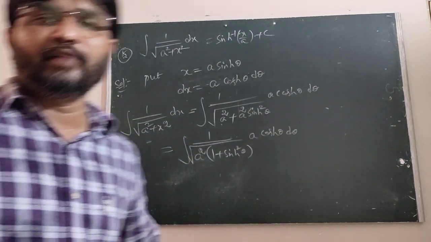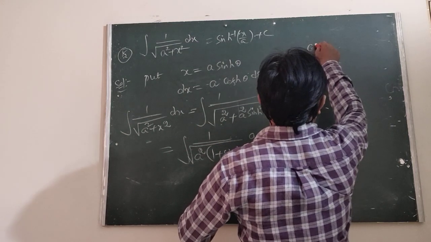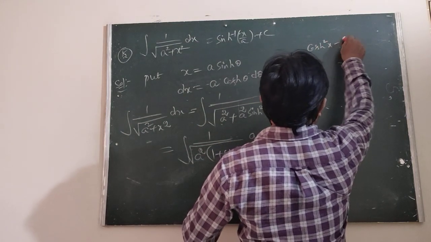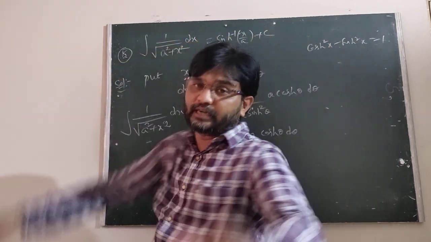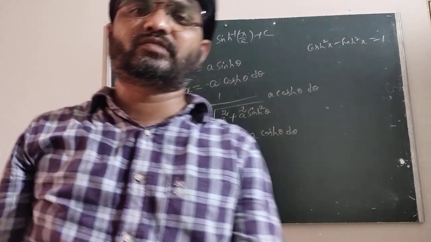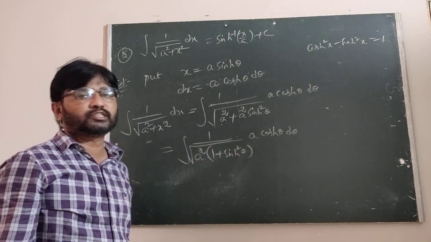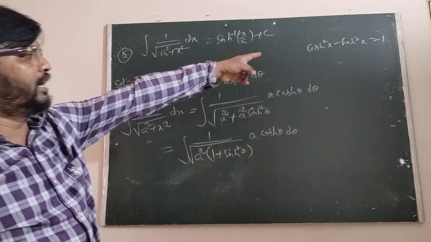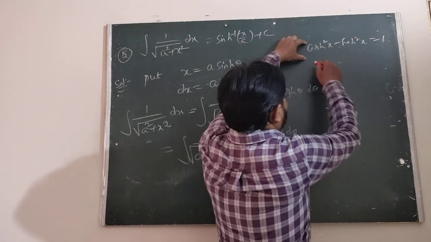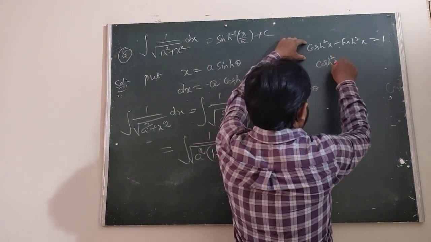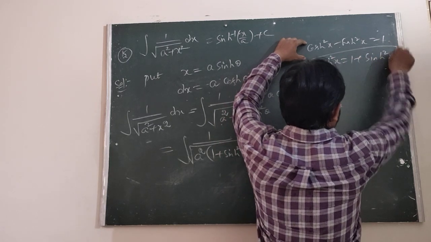We know that in hyperbolic functions, cos h square x minus sin h square x equals 1. But the denominator has 1 plus sin h square theta. Therefore, the minus sin h square goes to the other side, and we get cos h square x equals 1 plus sin h square x.